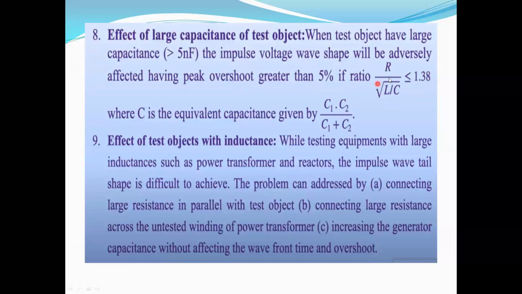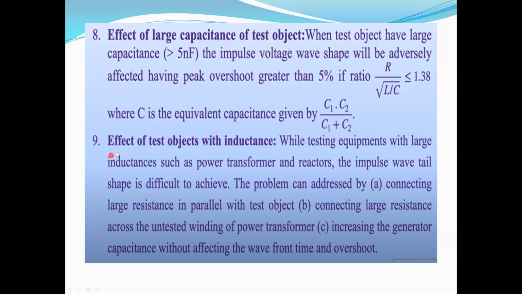By taking the roots of the characteristic equation, we get the relation R by root LC less than or equal to 1.38, where C is the equivalent capacitance given by C1 C2 by C1 plus C2.